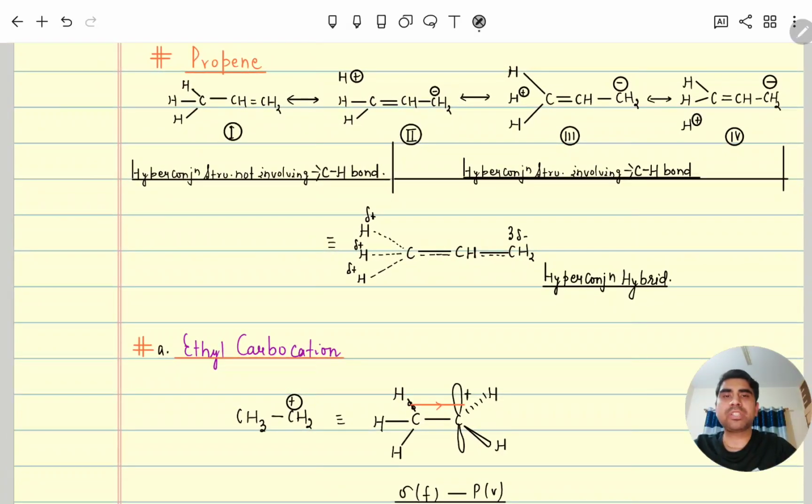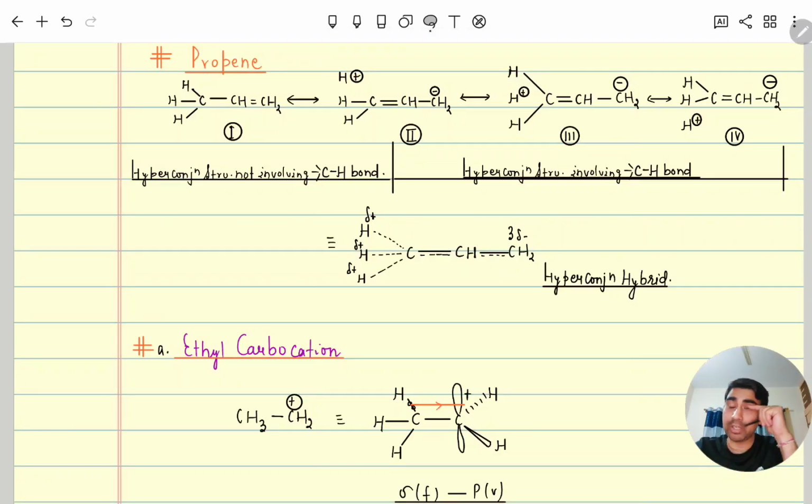Let's suppose, for example, that this alpha hydrogen is breaking the bond completely. Hypothetically we are thinking of this as a hyperconjugation structure, so they are hypothetical structures. Here the total two electrons you can consider as a lone pair, single bond, double bond. So overall a double bond came here, the negative charge is here, and this is the positive charge.